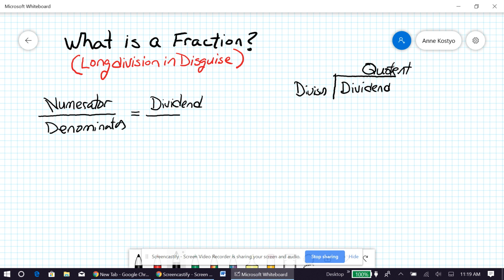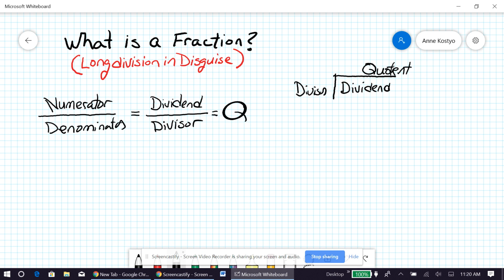And then we will have our fraction bar, and our denominator is equivalent to our divisor. And once again, once we have performed the division operation, we will get a quotient.